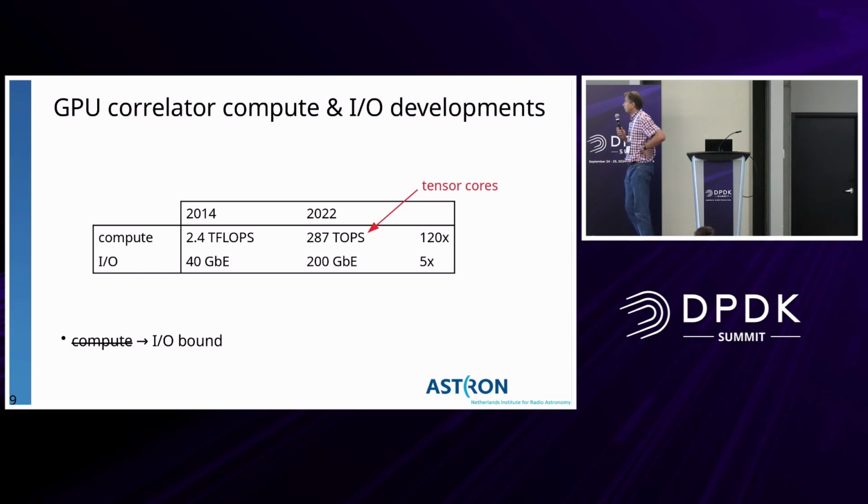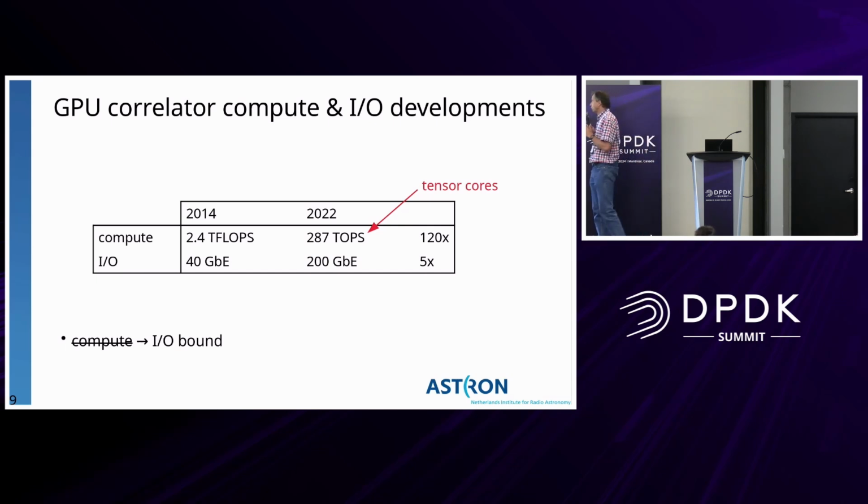So if we look at the past decade, we've seen an enormous improvement in computational performance. Ten years ago, the best GPUs could do 2.4 teraflops per second on correlation computations, and now we get 2 orders of magnitude better.